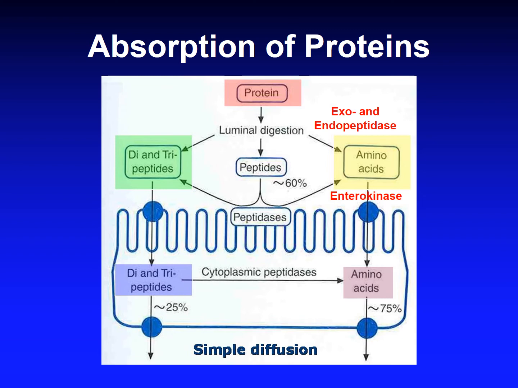The peptides, which are more complicated, require activation by the enterokinases, which are membrane-bound enzymes. They activate trypsinogen to become trypsin.